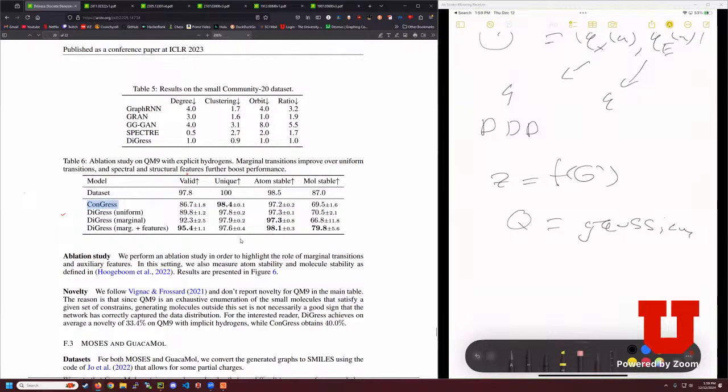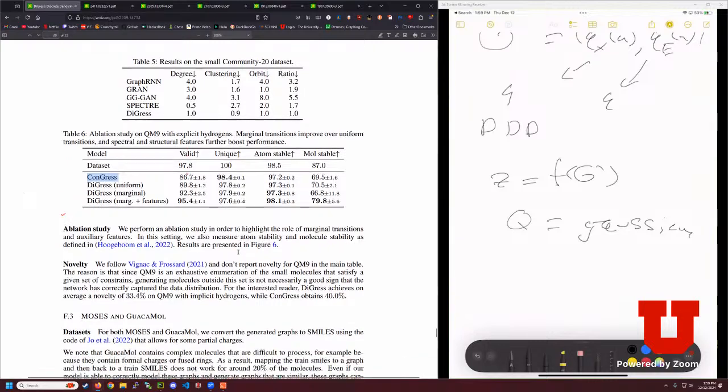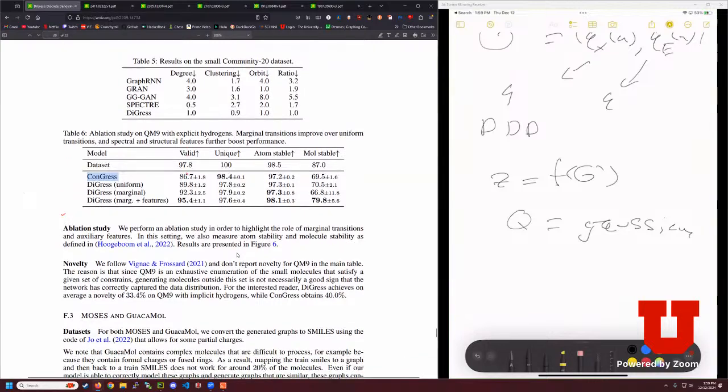Yeah, I believe so. So it looks like the choice of how you sample Q and whether you add additional features really matters a lot, right? Yes.